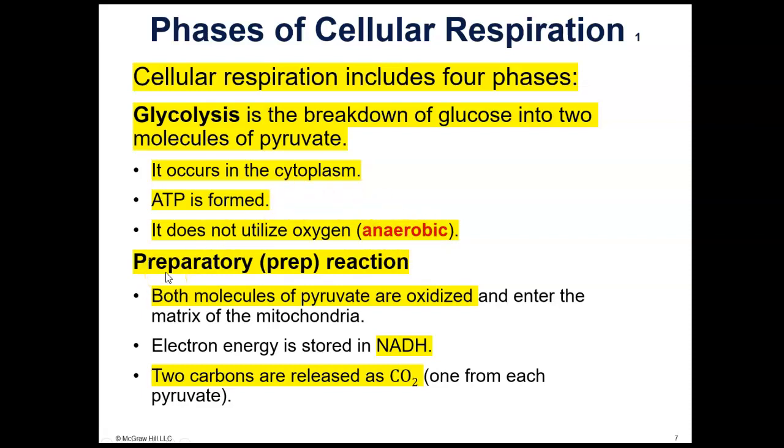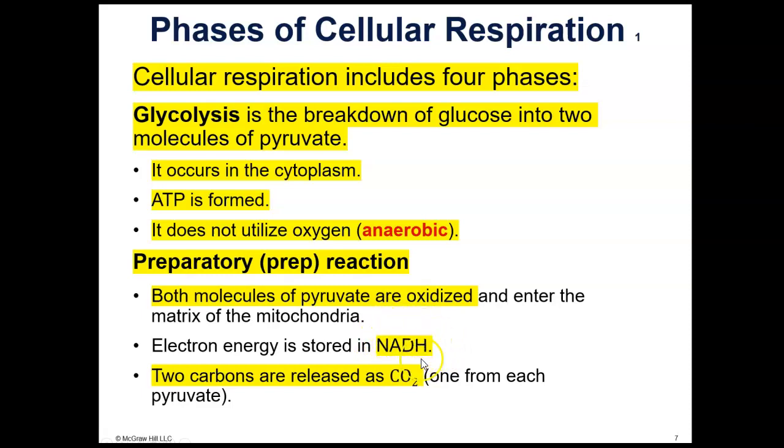And then the prep reaction, both of the pyruvate molecules that were produced during glycolysis are oxidized, and they enter the mitochondria. NADH is produced, and NADH is a carrier of hydrogen ions and electrons, because you see there's a hydrogen on the end of it.